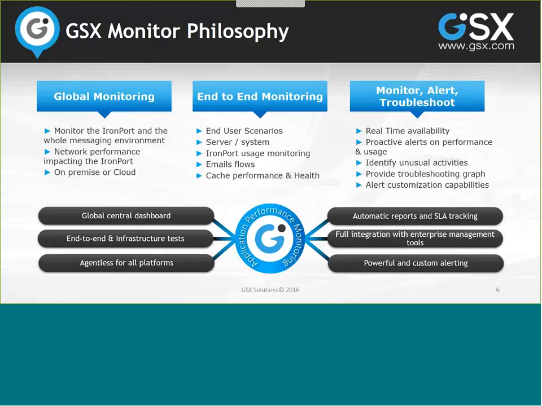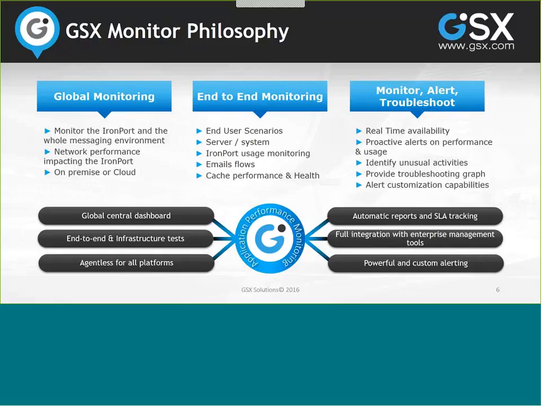Our goal is to offer an end-to-end solution to monitor everything that can impact the messaging and collaboration environment. GSX solution products monitor the email security appliance, and we will see IronPort today, the load balancer, the management device application, and of course, the messaging and collaboration application on-premise, hybrid, or in the cloud from IBM and Microsoft. So everything about Exchange, everything about Office 365, and we will see that a little bit during the demo.